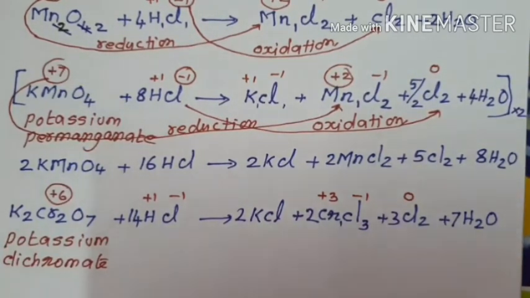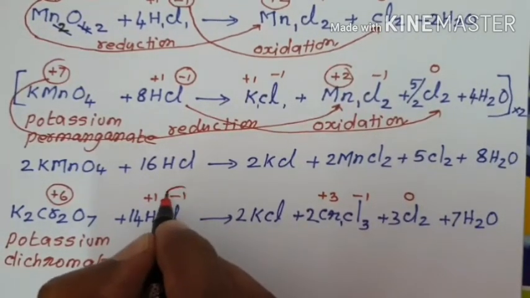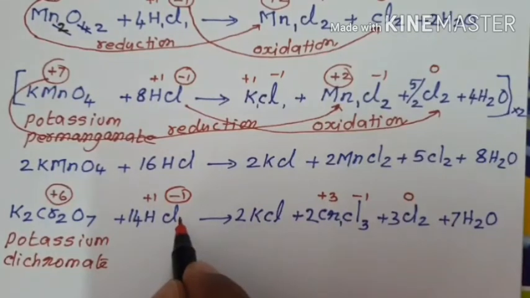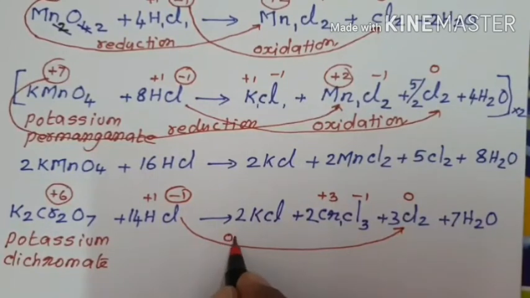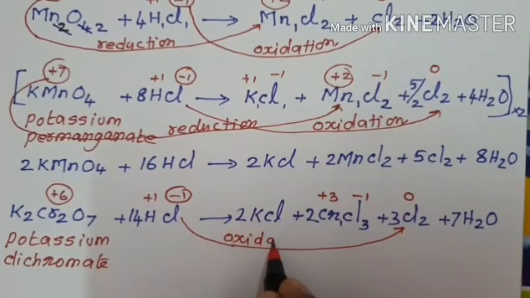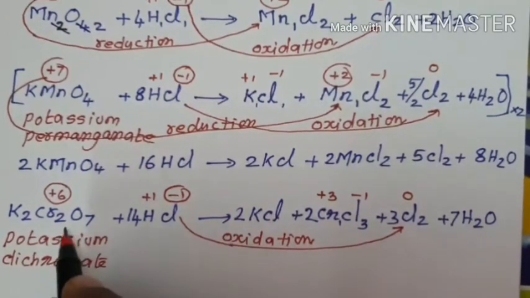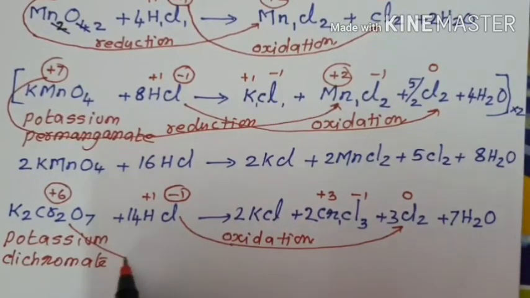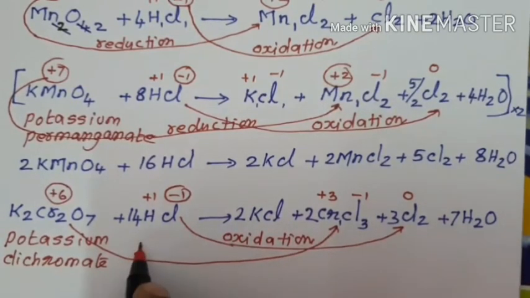In this reaction, chlorine goes from -1 to 0 oxidation state, the oxidation number increases. Therefore, as usual, it is oxidation. And chromium goes from +6 oxidation state to +3 oxidation state, the number decreases.